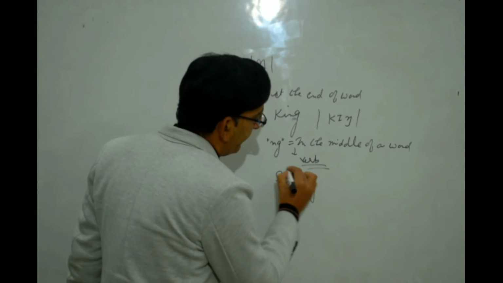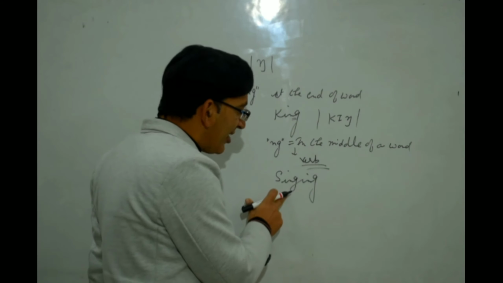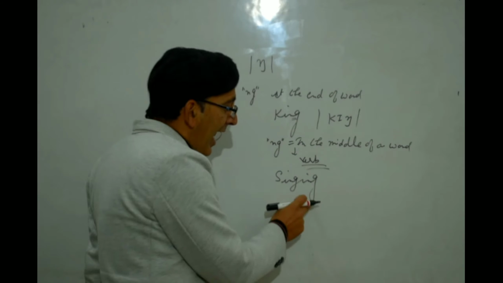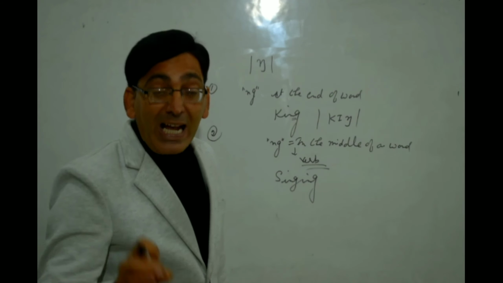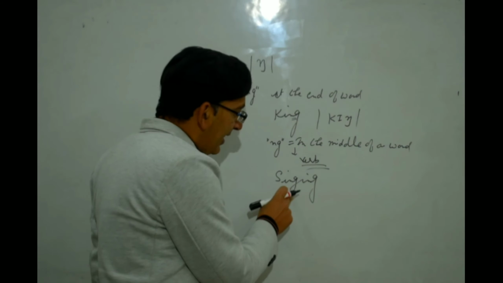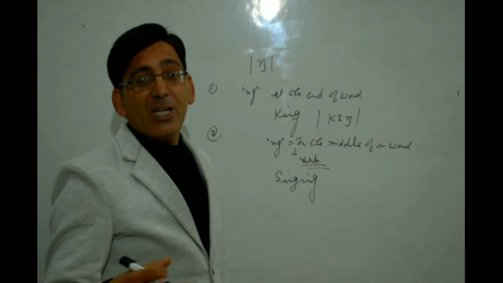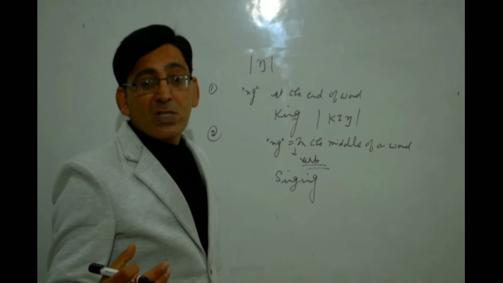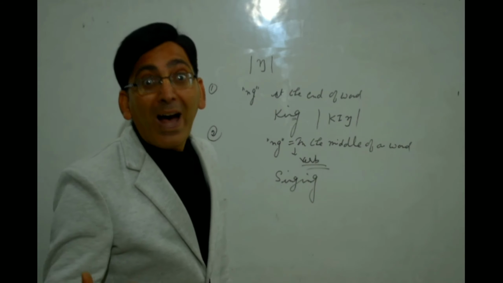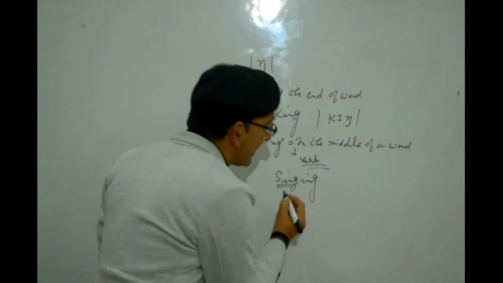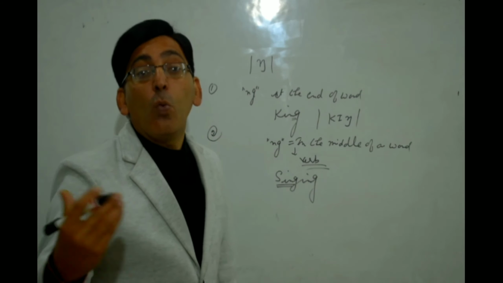Now this word has two combinations, NG in the middle, NG at the end. At the end, NG is always pronounced as this one. But here in this word, in the middle also the combination NG will be pronounced as this one. Why? Because sing is a verb. S-I-N-G is a verb.